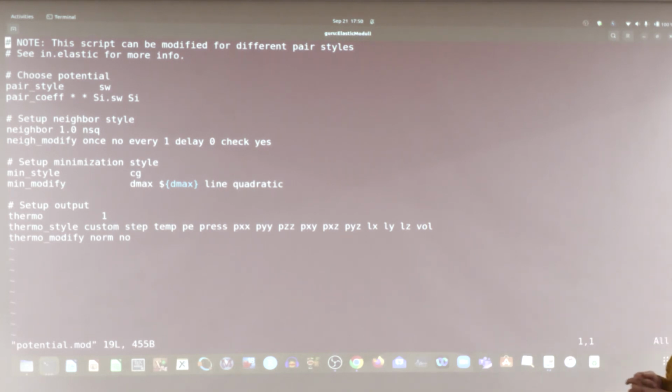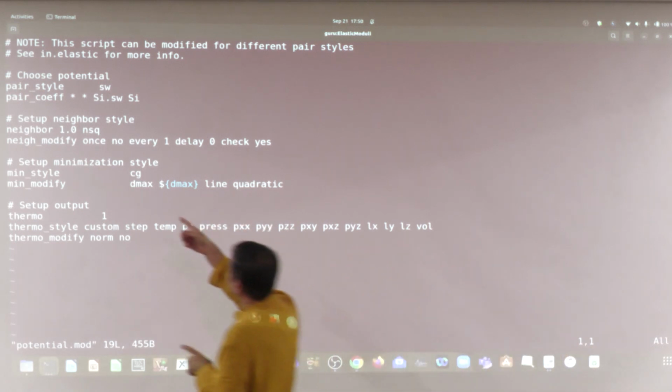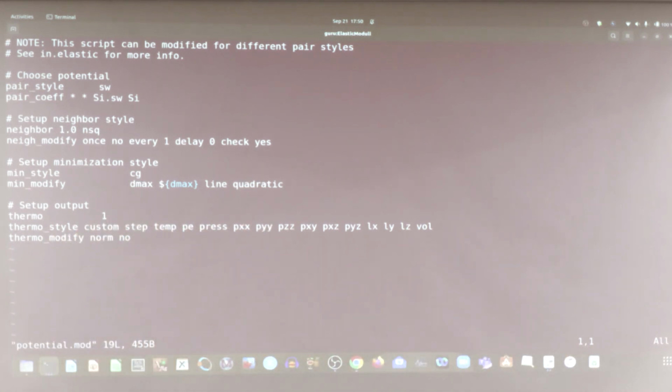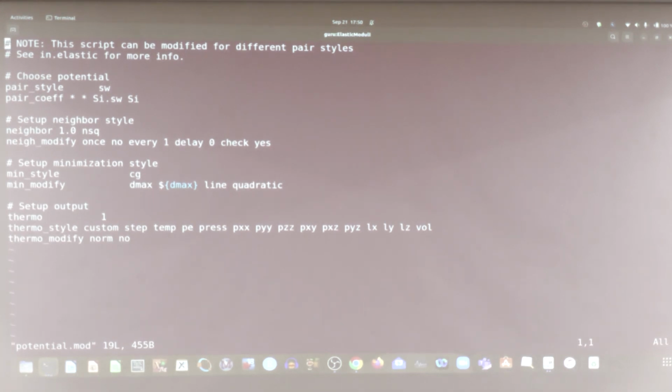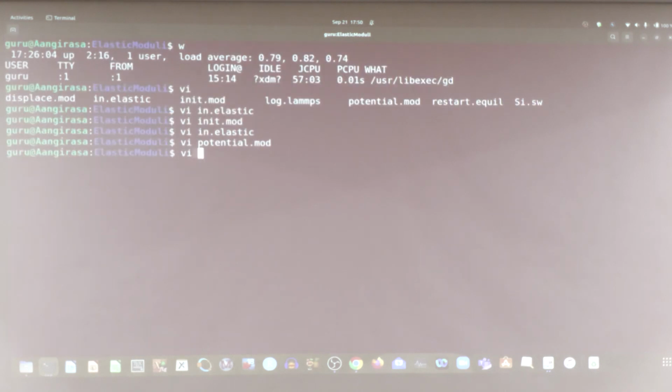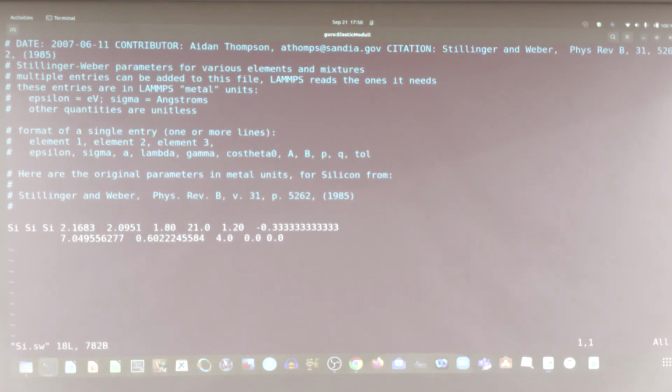And pair coefficients again you can see star star Si.sw, and I had some Fe, EAM, etc. So, that potential file is also here, by the way, and you see that EAM potential file and this potential file. This is a case which is not tabulated, but is a function. And I think in the Stillinger-Weber potential, they use some angular dependence necessary for semiconductors, because semiconductors have the covalent bond, and this covalent bond is strongly directionally dependent in contrast to metals.